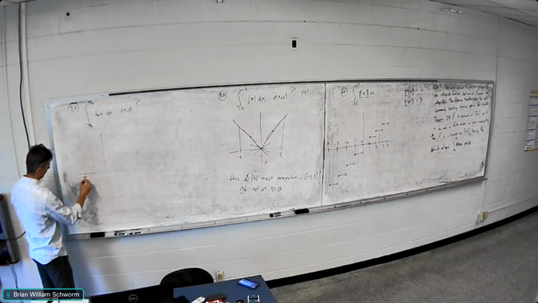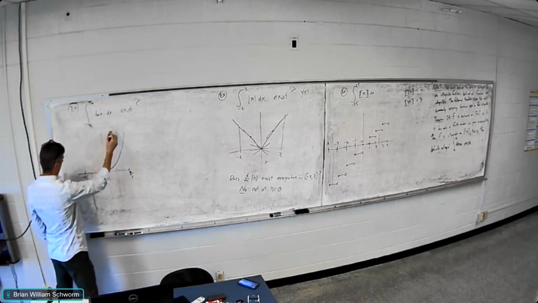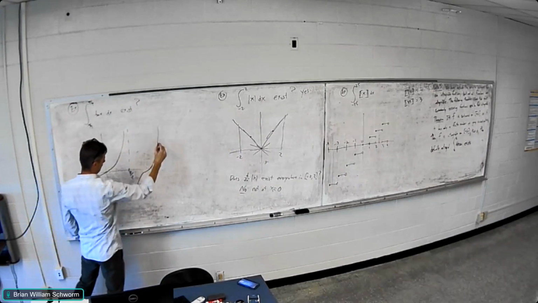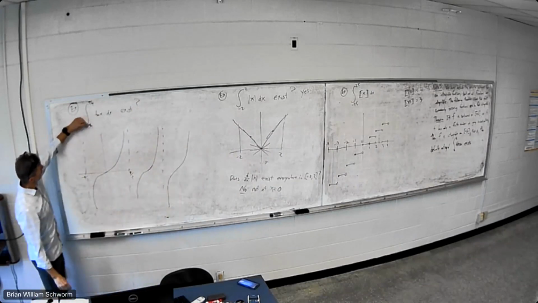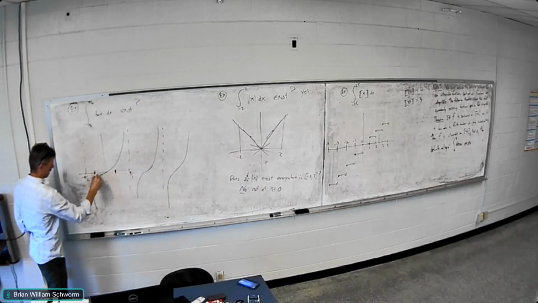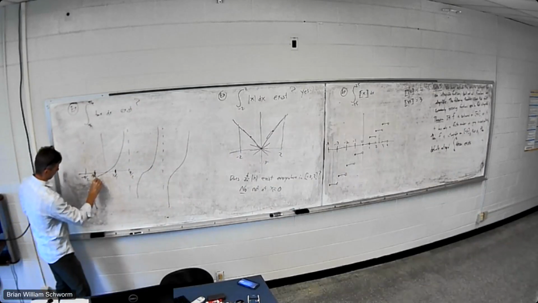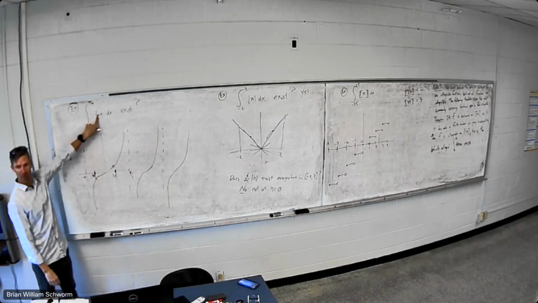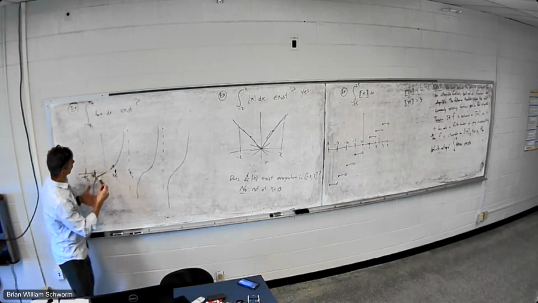Tangent, negative pi over 2, positive pi over 2, has this graph that looks like this, and it repeats over and over again. So if I'm looking at negative pi over 4 to positive pi over 4, from here to here, would that exist? Yeah, because it's continuous in that interval. So yes, it would.